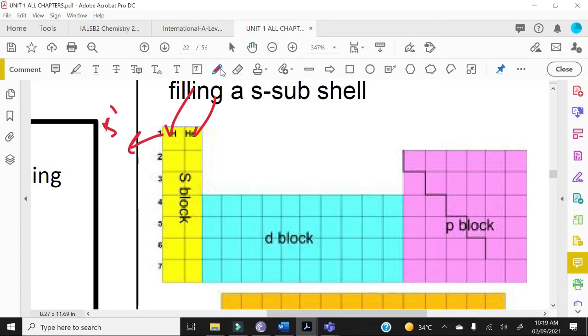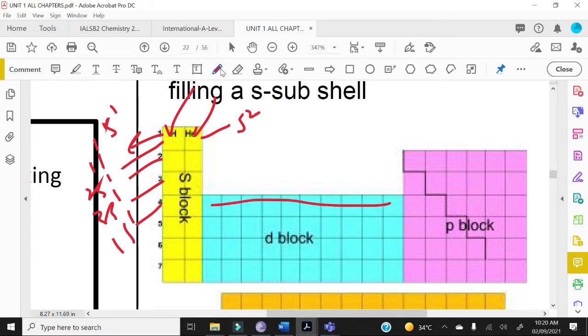Then this one will be 1s1, this will be 2s1, this will be 3s1, this will be 4s1. Okay. This one is s2. So 2s2, because 1s is not having any second one.